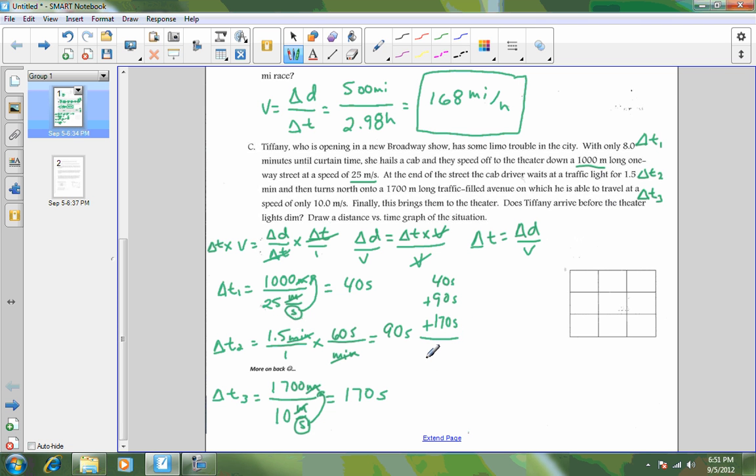And the total is 300 seconds. So now our question is, is 300 seconds within 8 minutes? Well, let's find out. We're going to put 300 seconds over 1. And we know that there are 60 seconds in 1 minute.